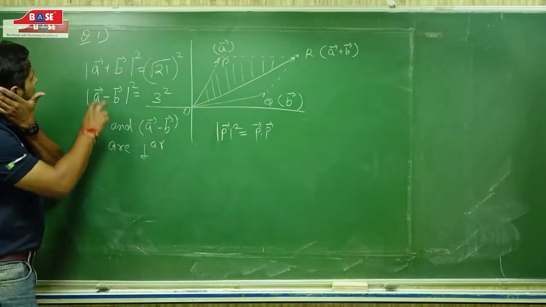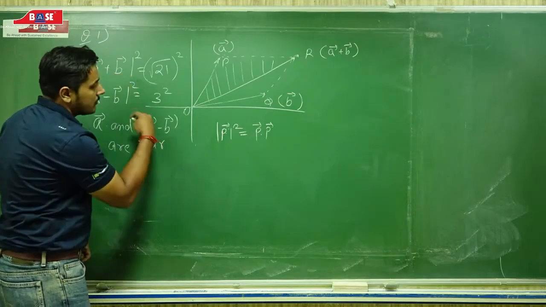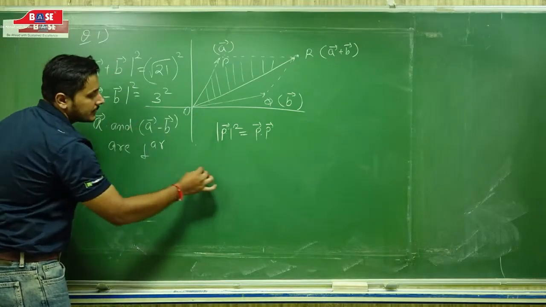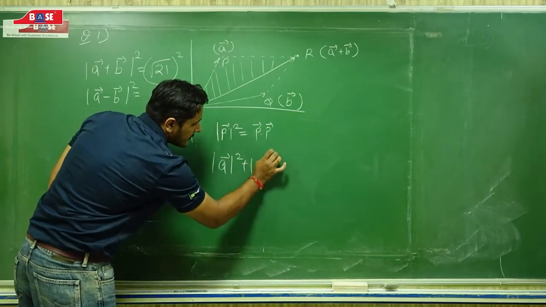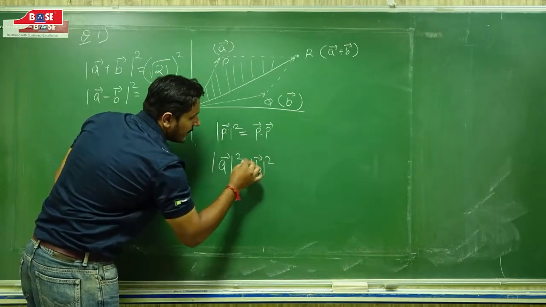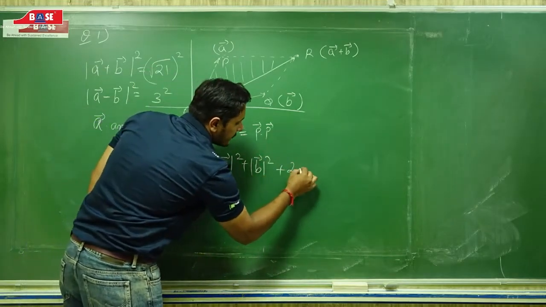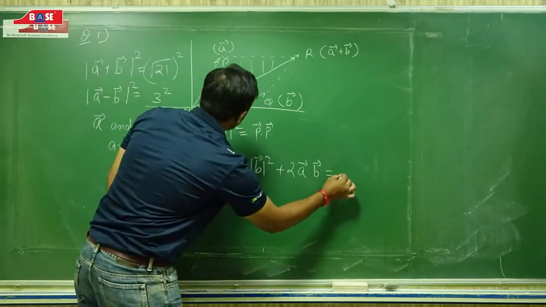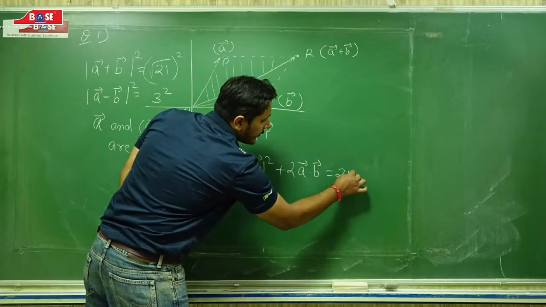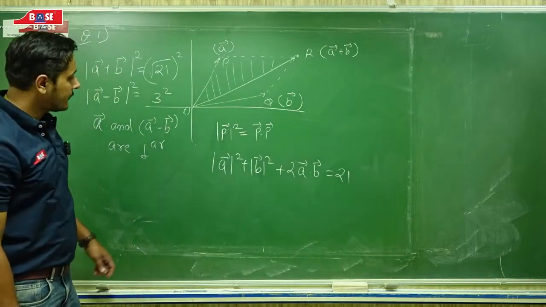So mode of this will be dot product with itself. So as we know, dot product for this, mode of a square plus mode of b square plus 2 times a dot b is equal to under root 21 square, that is 21.